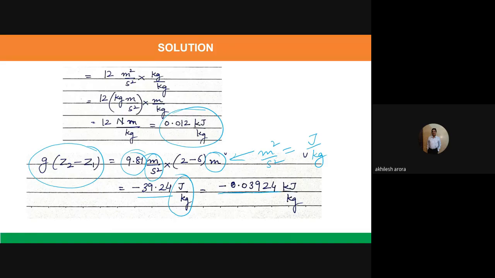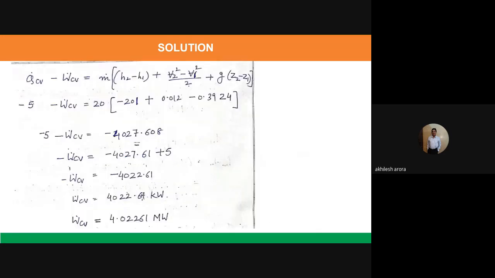Next, this is the equation for Q_CV. It is the heat transfer, minus 5 kilowatt. It is going out, so the minus sign is taken here. Then I have put all the values: mass flow rate 20, H2 minus H1 is minus 201, change in kinetic energy 0.012, and this is the change in potential energy. Then you can simplify.